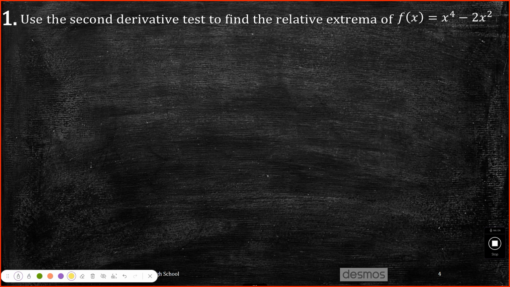Okay, so use the second derivative test to find the relative extrema of f of x equal to that. So what is the procedure? We have to take the derivative to find the possible relative max or relative min. So step one is take the derivative: f prime of x equals 4x cubed minus 4x.